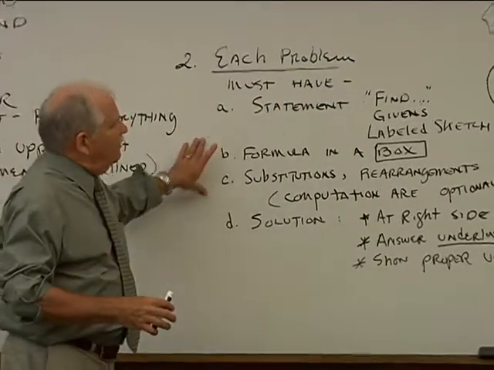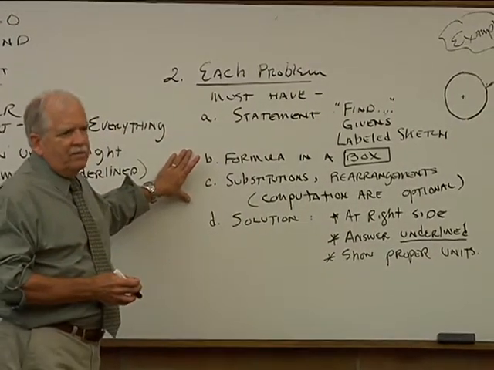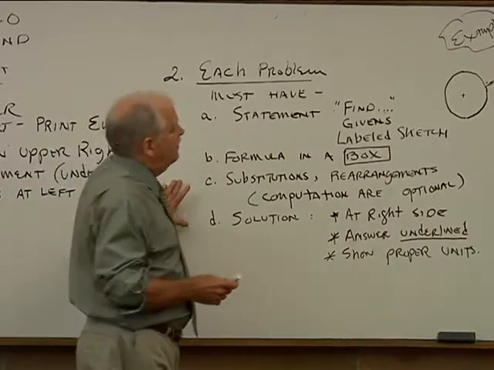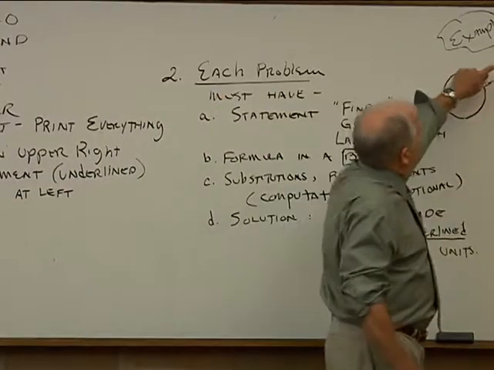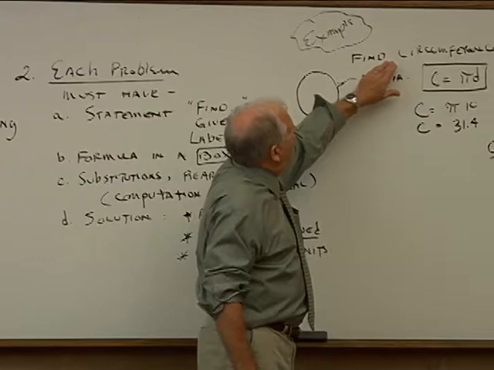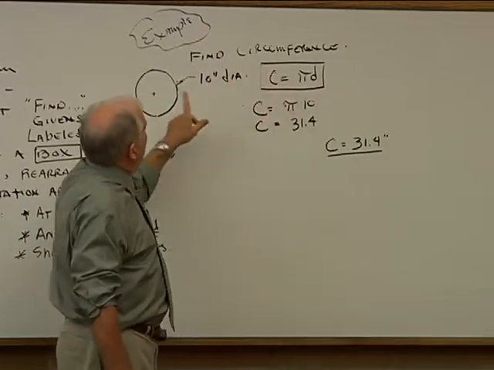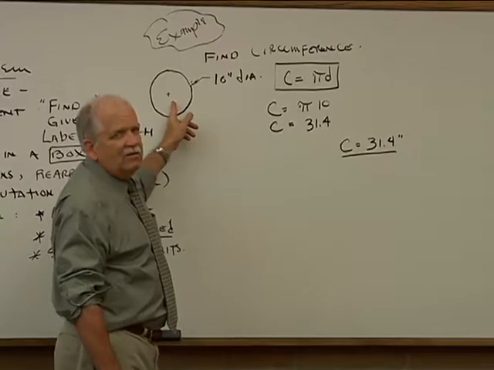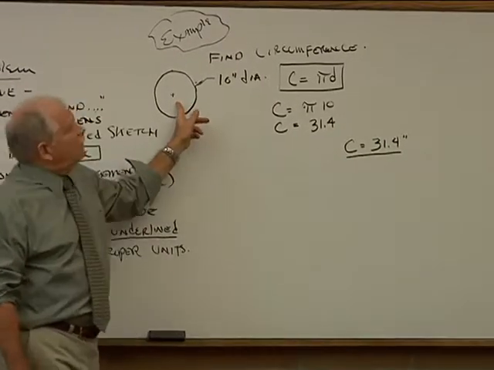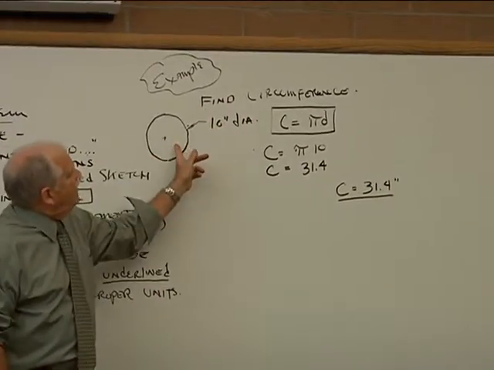So that's it. Set that problem up according to these basic steps. Here's an example. Here's my statement. I'm going to find the circumference. Just 2 words. My givens are here in the example. There's the first step.